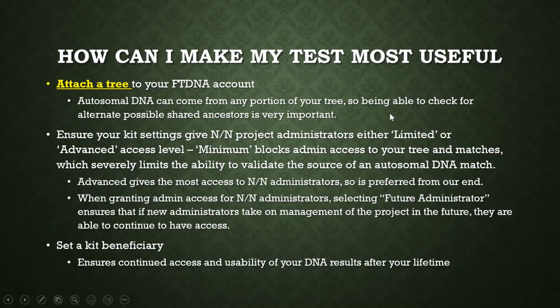For what I need for the autosomal, limited is sufficient. If you're wanting specific help with it, the advanced gives me a little bit more access. But the minimum option blocks access to your tree and matches, which are very important to doing autosomal DNA. So if it's going to be useful to us, we need to have at least one of these other two settings.